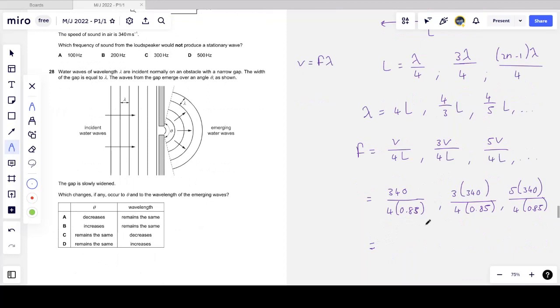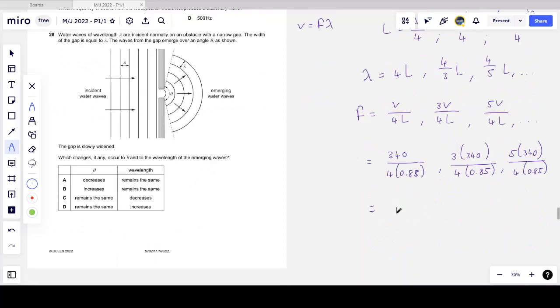And guess what? This is 100, and obviously 3 times 100, which is 300, 5 times 100, which is 500. And these are all in hertz.